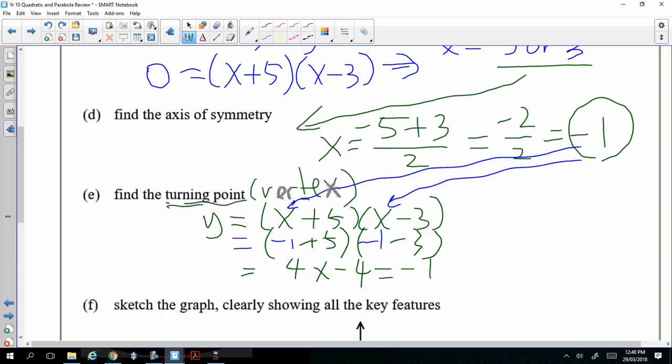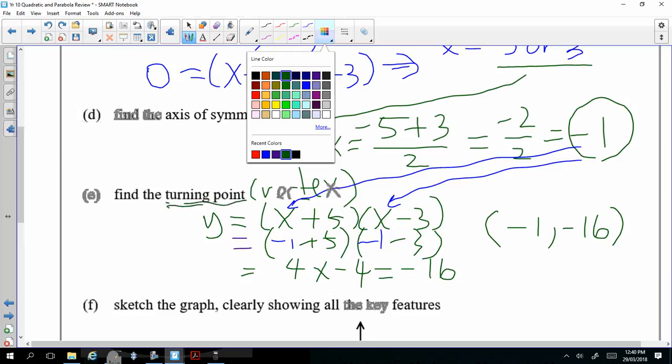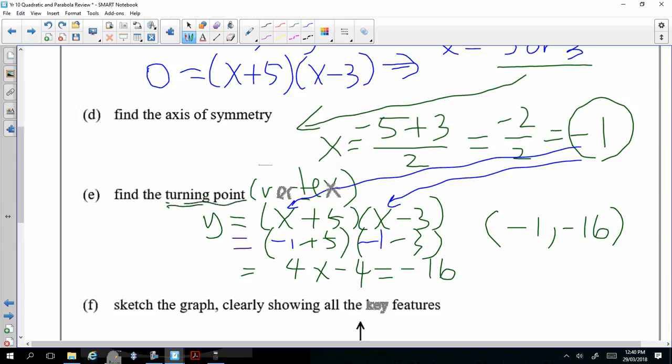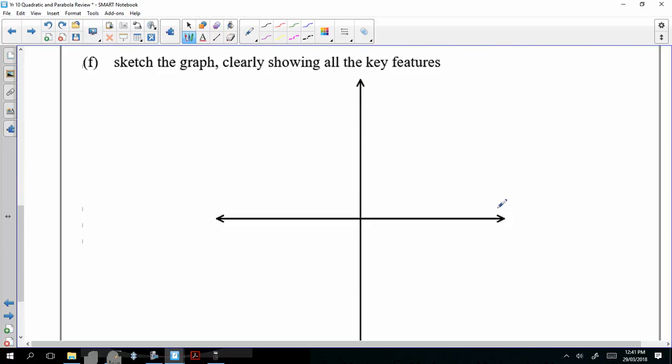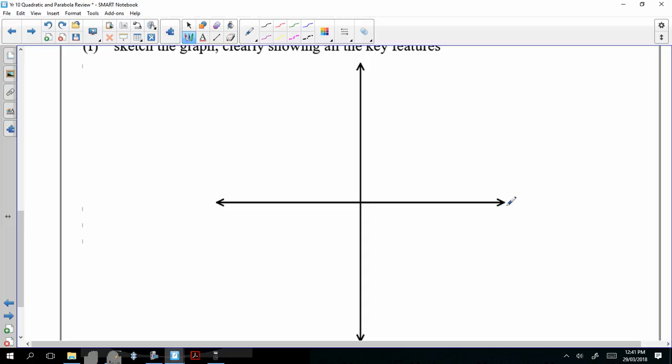And then we're going to show all this information on the graph below. Alright, so how do we show this? We'll first start with the x-intercepts of negative 5 and 3.